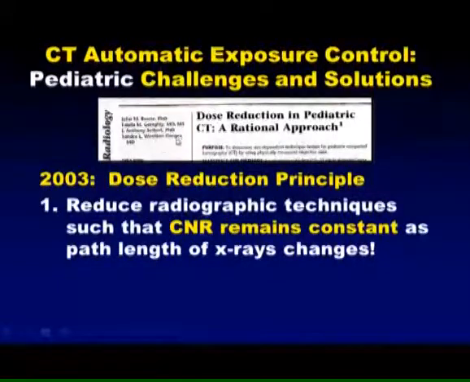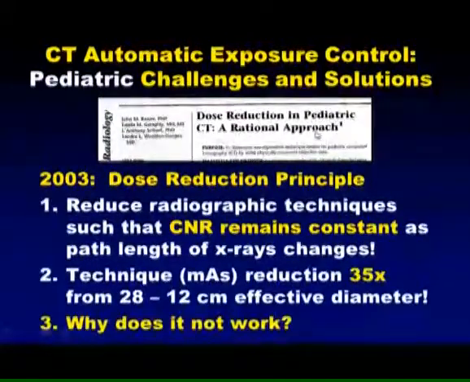This is an article that was published by John Boone and others in 2003. The title is Dose Reduction in Pediatric CT: A Rational Approach. Basically, this article assumed that we wanted to keep the contrast to noise ratio constant as a function of patient size in managing pediatric techniques. That was the rational approach.